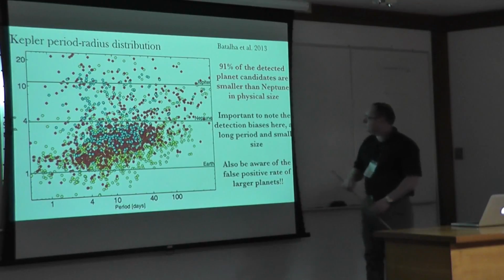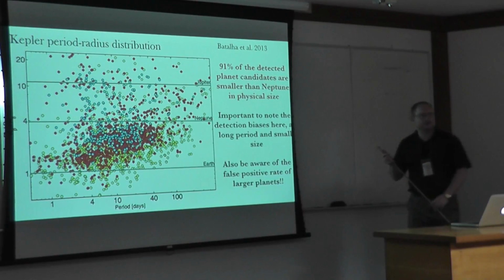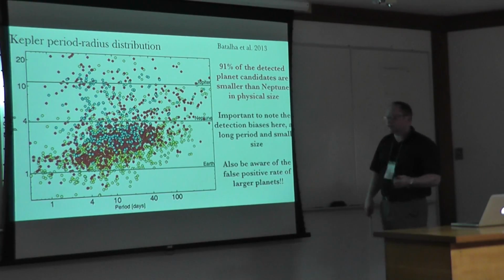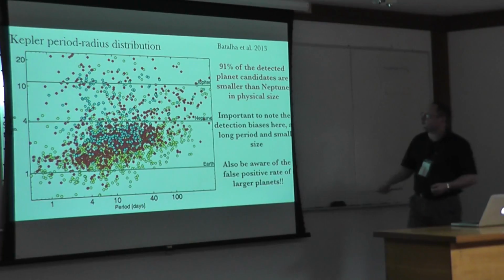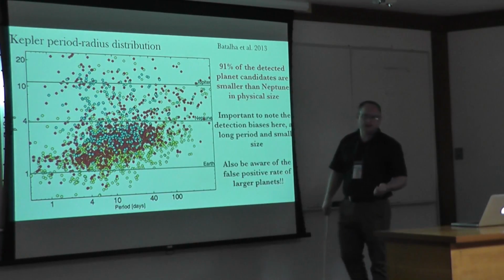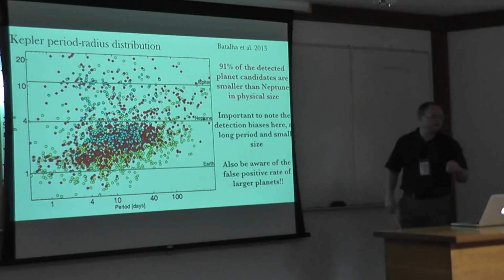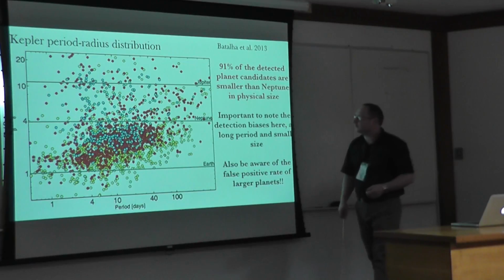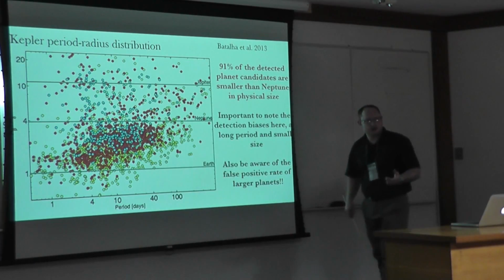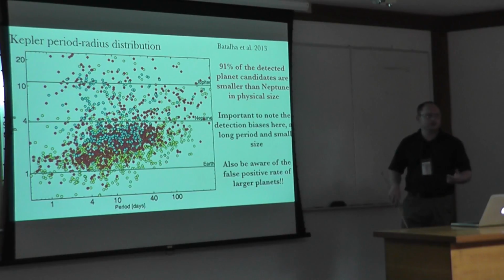One thing that should be mentioned about the Jupiters is there's been a recent paper by Santerni, early this year or at the end of last year, who followed up the Jupiter population with the high precision spectrograph in the north called SOPHIE. What they found was that about 50% of the ones that they looked at turned out to be more like brown dwarfs or small stars.